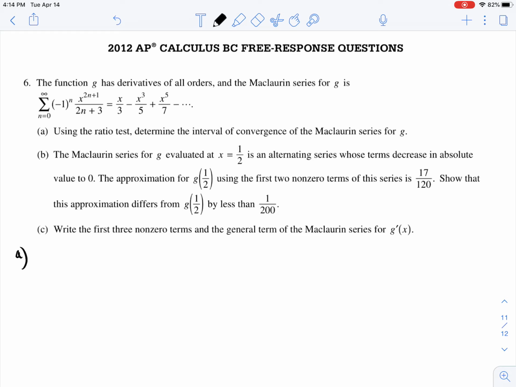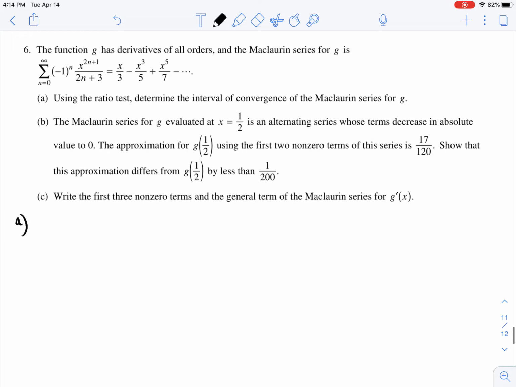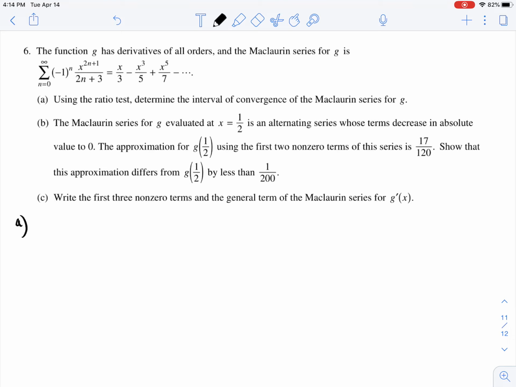So just to recap the ratio test, we are going to find the limit of a sub n plus 1 over a sub n. So let's find the limit as n approaches infinity of the absolute value. And since I'm taking the absolute value, I really don't need to look at this negative 1 to the n power term. I really just need to look at this portion of our general term.